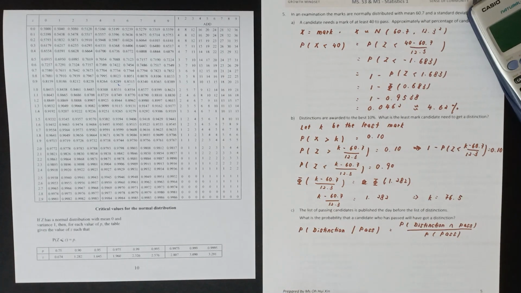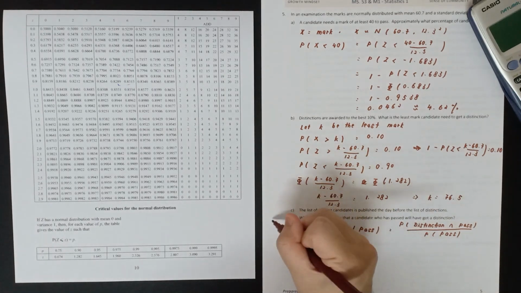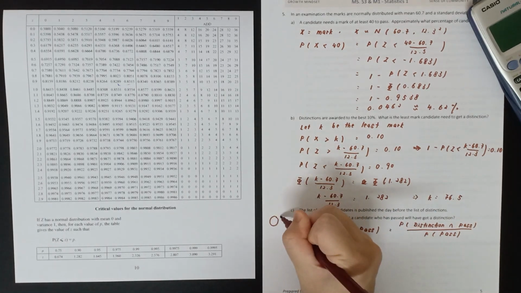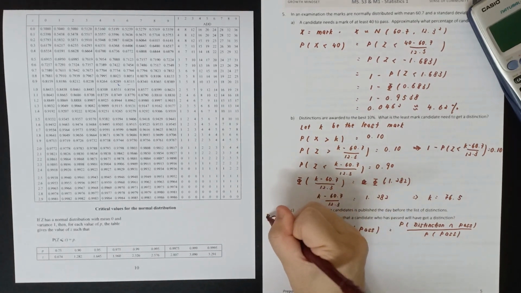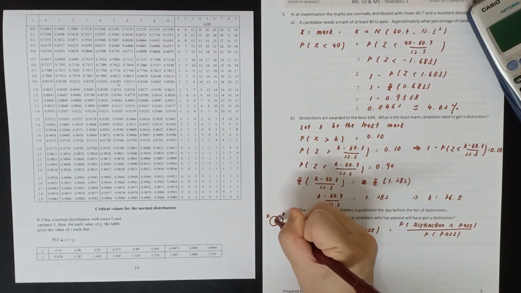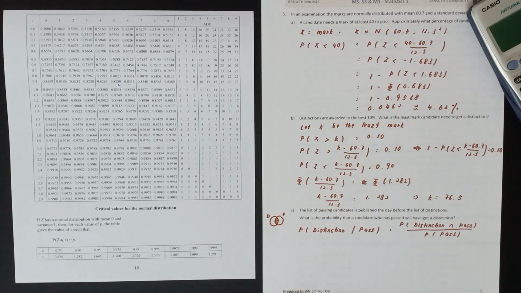You get the idea? Okay, if I'm going to draw it out, then you'll be like this. When we talk about intersection, you will be thinking something like this. So like this is distinction, and this is pass, and this is my probability, right? So is this Venn diagram correct?